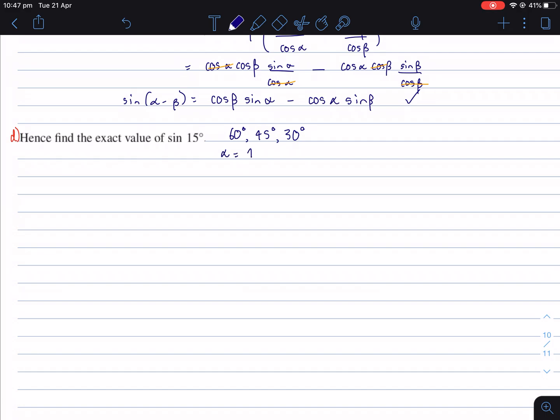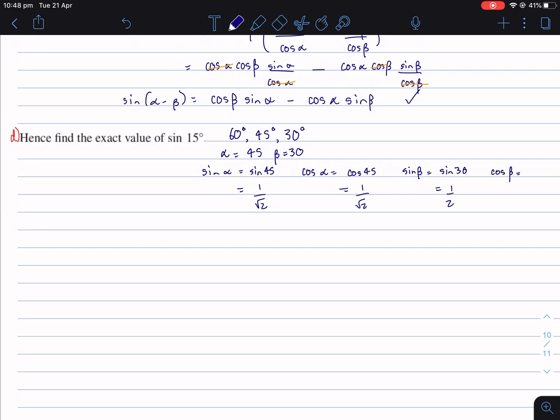alpha equals 45 and beta equals 30, then sine alpha is sine 45, which is 1 on root 2. Cos alpha, cos 45, which is 1 on root 2. Sine beta is sine 30, which is 1 on 2.